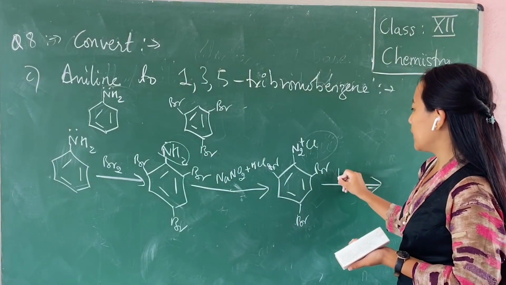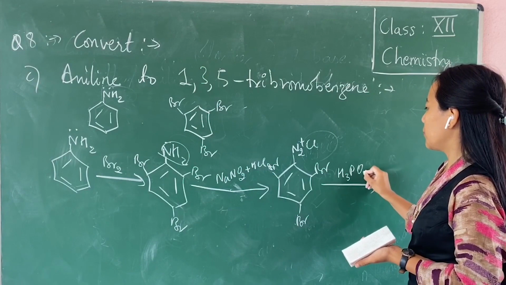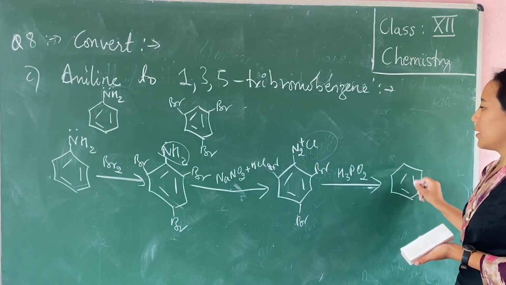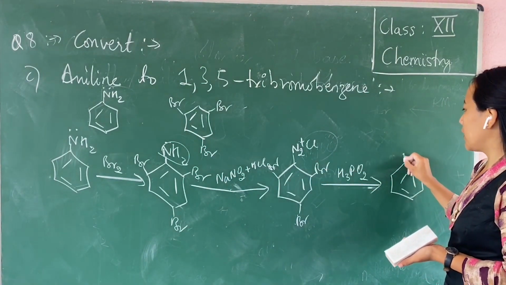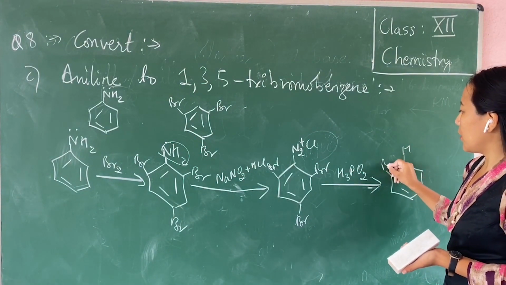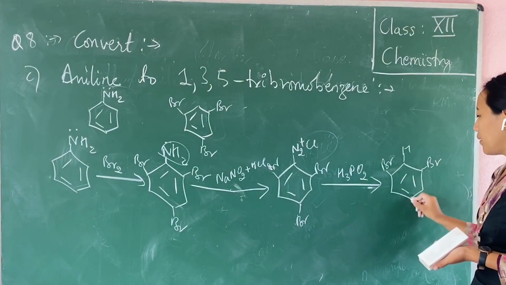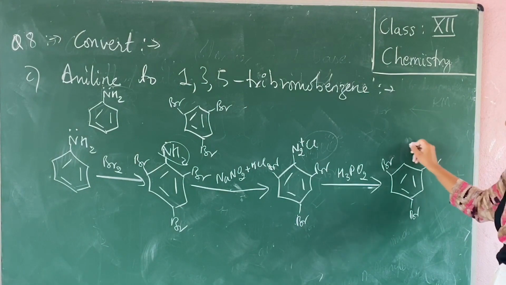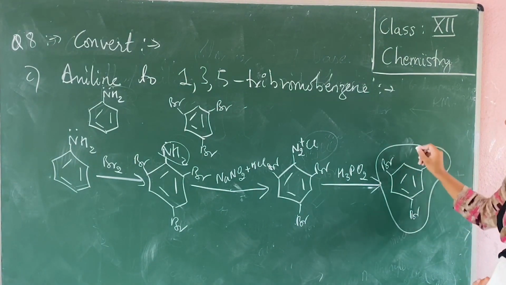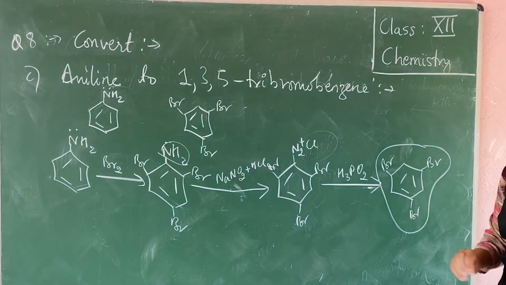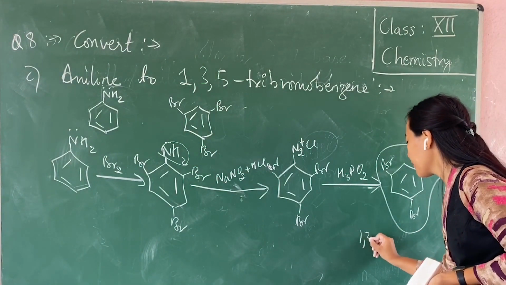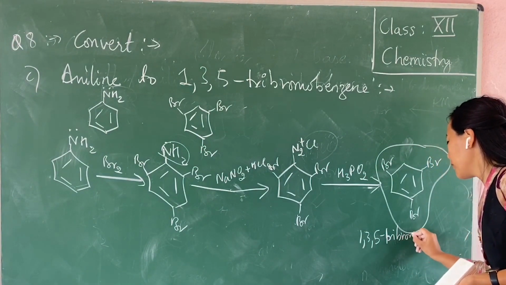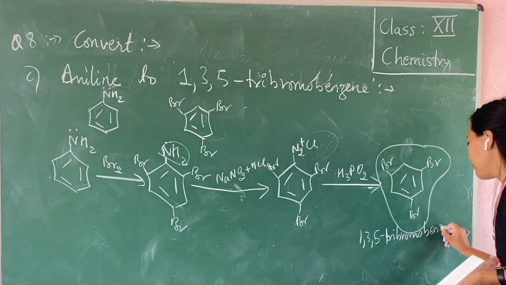Now let's take hypophosphorus acid, H3PO2, and this will be replaced by hydrogen atom, and then you have your Br, Br, Br. Now it is not necessary to show this hydrogen atom. It is understood that hydrogen atom is there. So this is your product, that is 1,3,5-tribromobenzene.